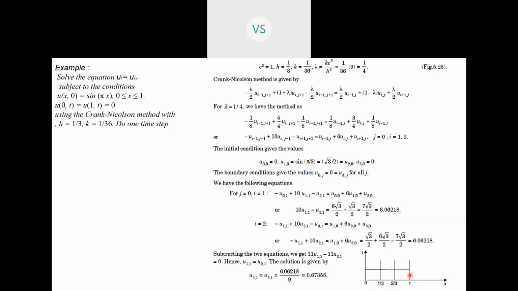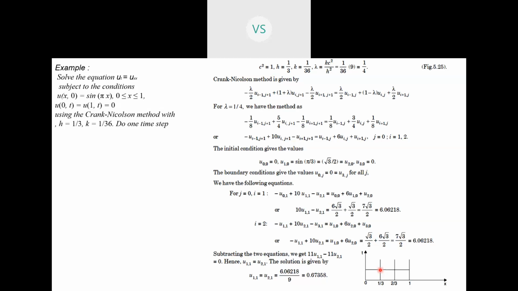Points on this line, they are also 0. So you have to find u at these 2 points. So we'll apply the formula first at this point. That is, Crank-Nicolson formula will be applied first at this point.